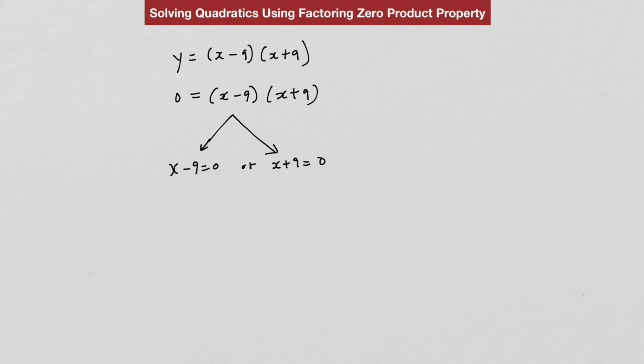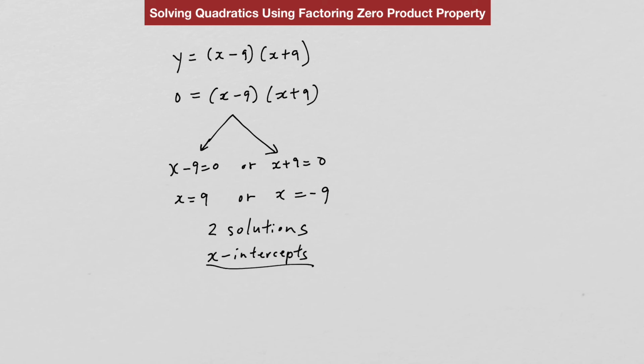Solving for x, we get x is equal to 9 or x is equal to negative 9. Okay, there are 2 solutions here. And then my x-intercepts are (9, 0) and (negative 9, 0).